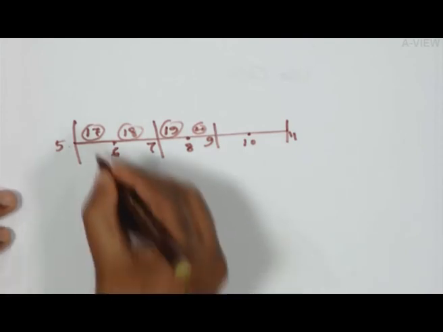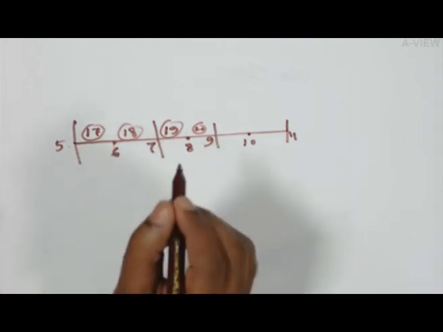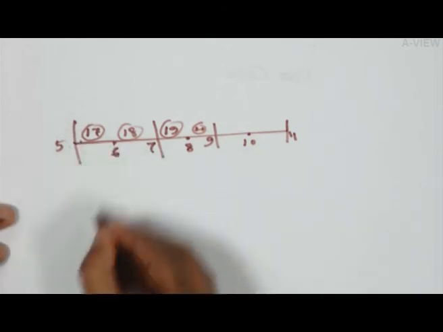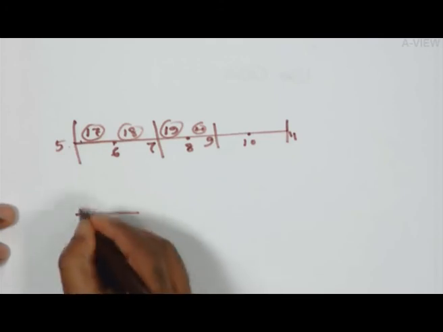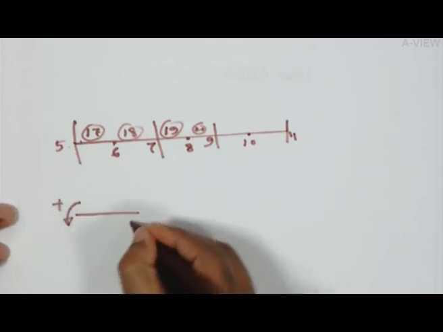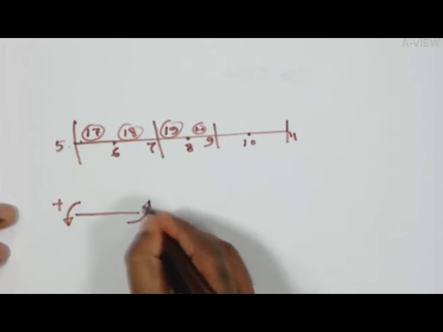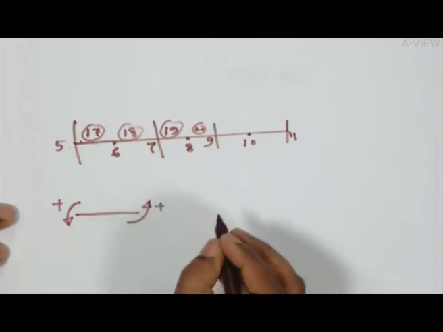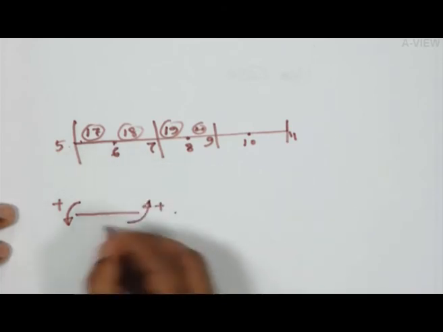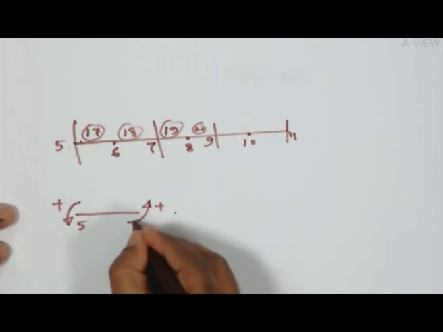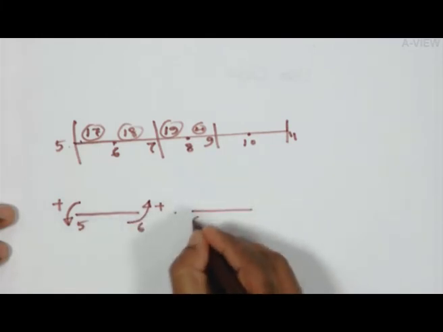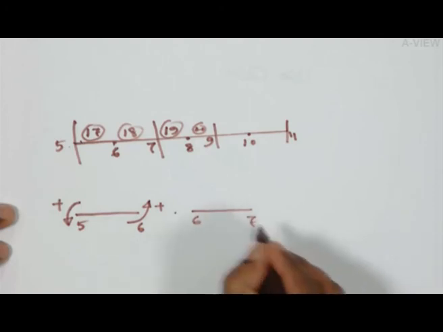So I have to find out how that bending moment, what is the bending moment, for this case. If we consider this is positive, this is positive, and this is actually your element, this is 5 and 6, and this side you are having 6 and 7.